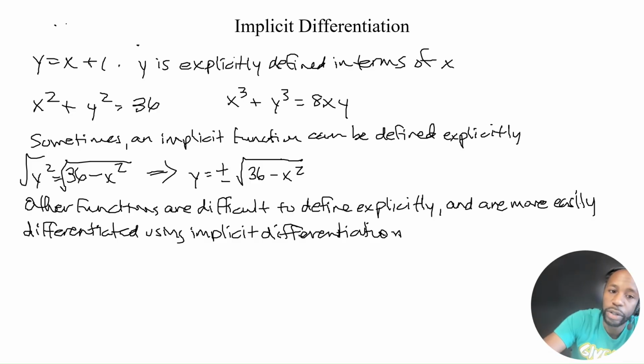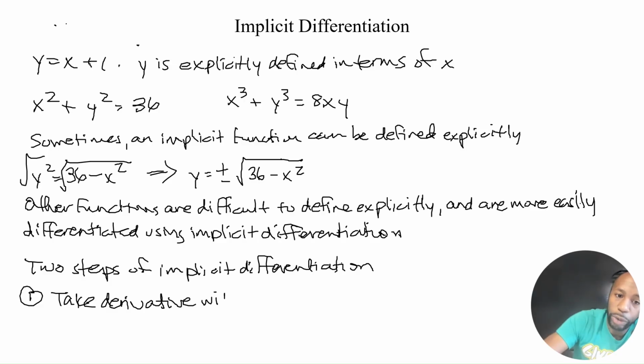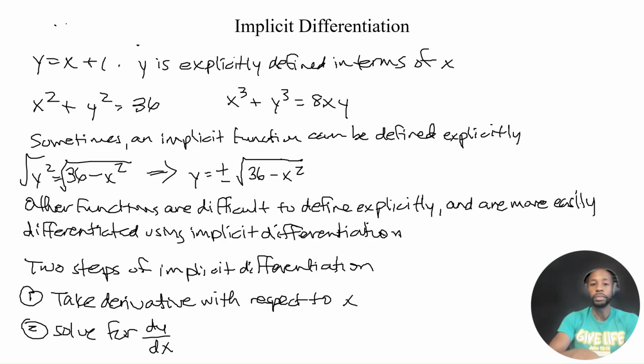The two steps of implicit differentiation: the first step is take the derivative with respect to x. The second step is solve for dy dx. Okay, so that's the two steps of implicit differentiation in a nutshell. It's not really that bad at all.